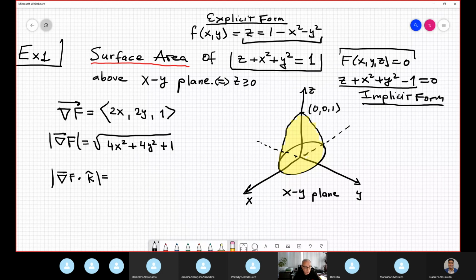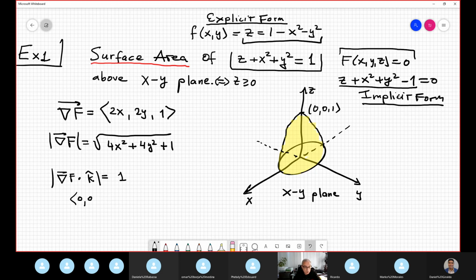Okay, now in this case it's obvious that this is equal to 1, because when you perform the dot product, remember k vector is the vector 0,0,1. When you are doing this dot product with this vector, 0 times 2x is 0 plus 0 times 2y is 0, and 1 times 1 is 1. Okay, super.